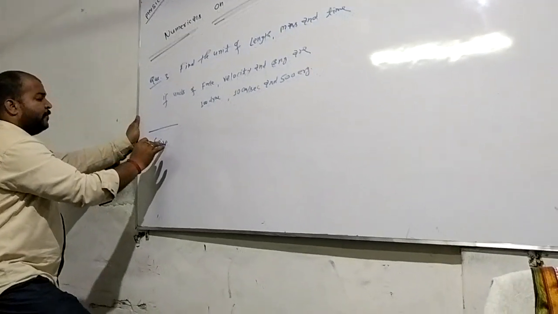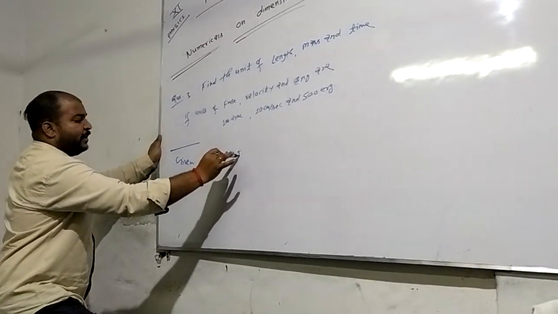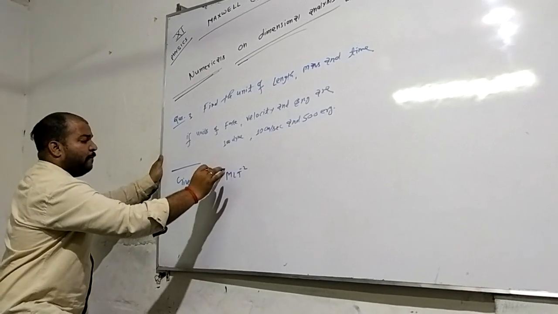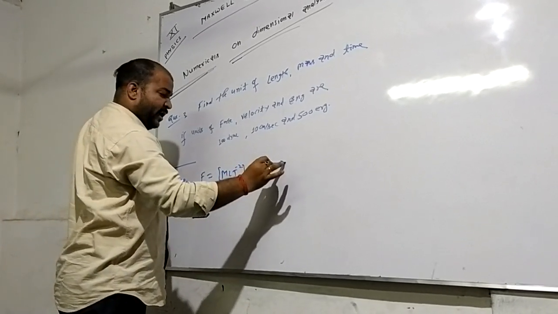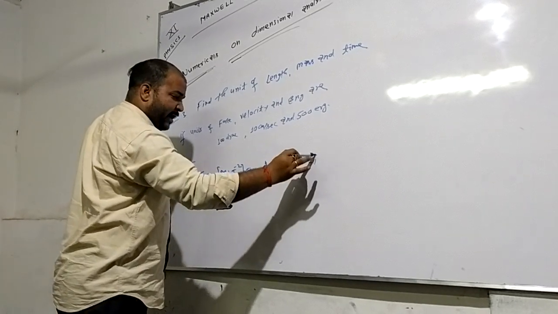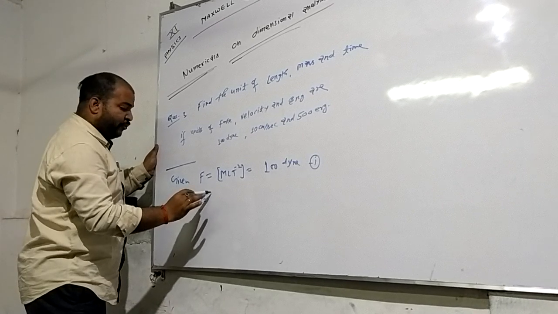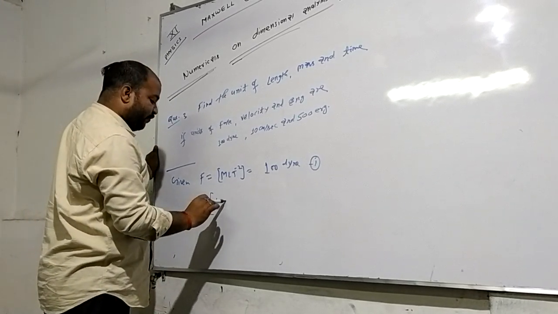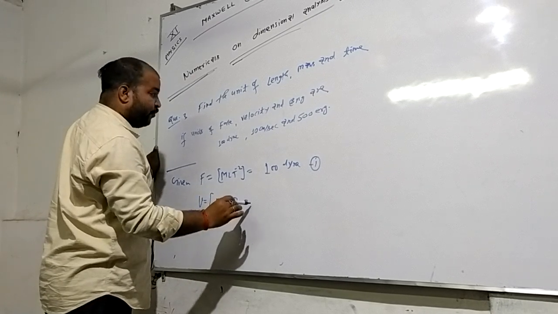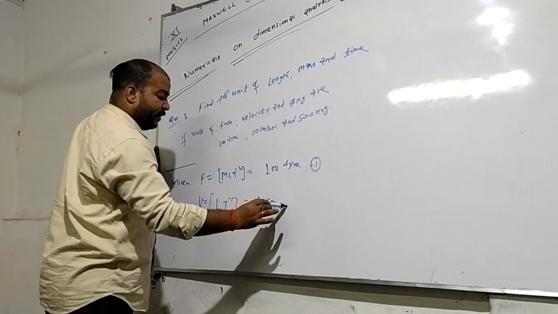Given that force is what? Force is MLT minus 2, equal to 100 dyne. Okay, look at here. Firstly, write down the units which are given in the question. Velocity is LT minus 1, as we know. Its value is given as 10 centimeter per second.